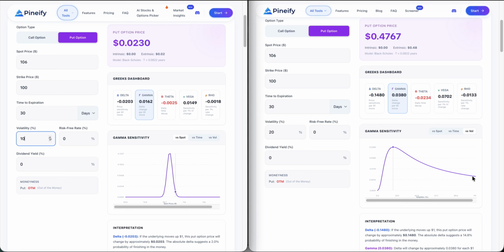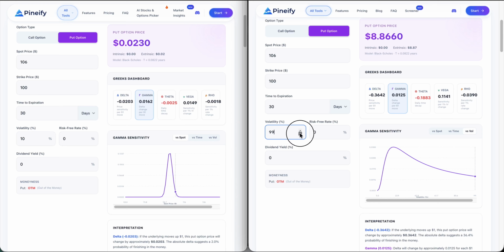As we move from 100% in here, and we remove the volatility, the gamma increases. Why? Because the gamma is rising, so we are still under a set of outcomes in which this can become in the money, all right?